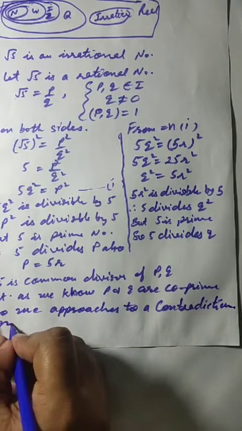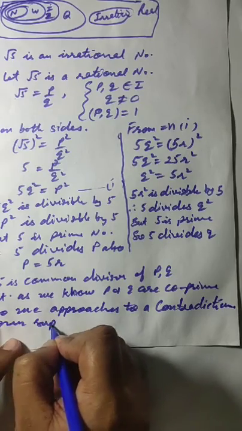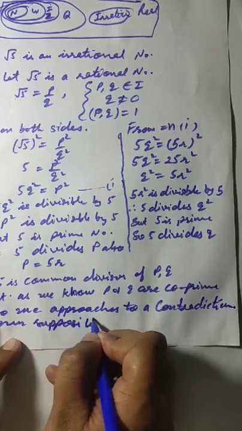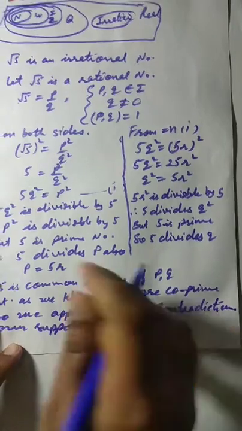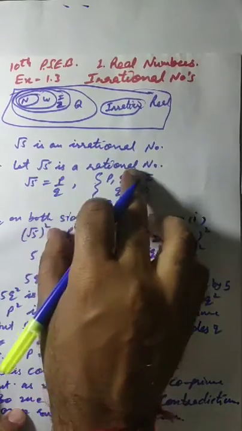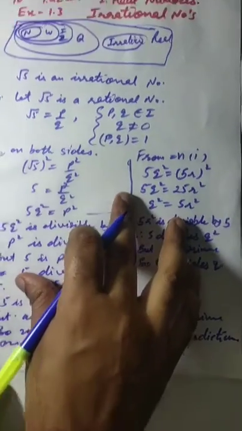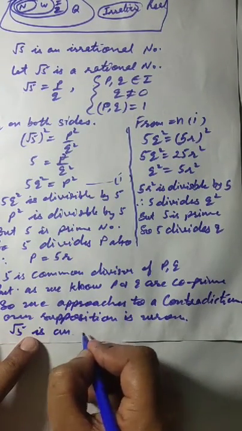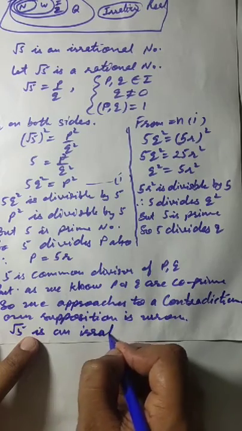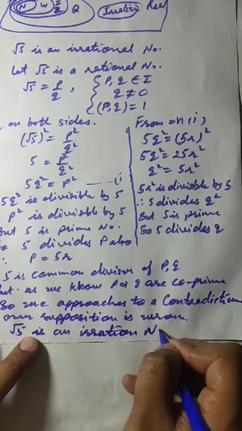So our supposition that root 5 is a rational number is wrong. So we conclude that root 5 is an irrational number.